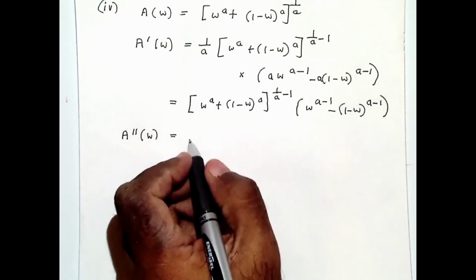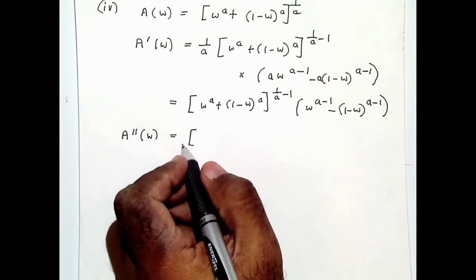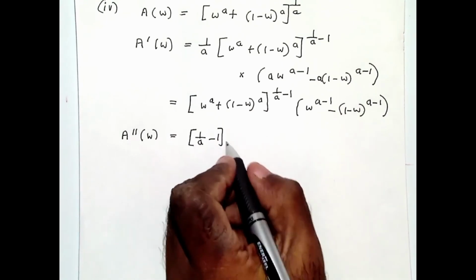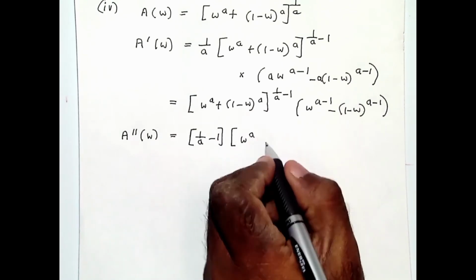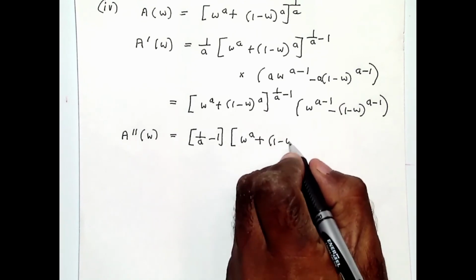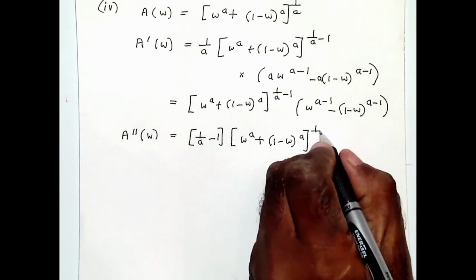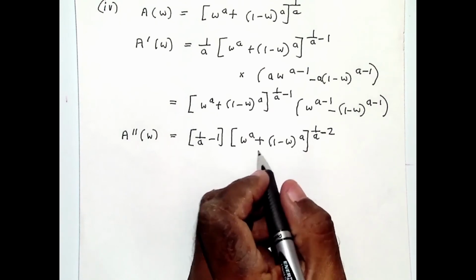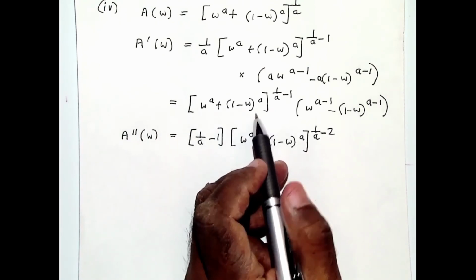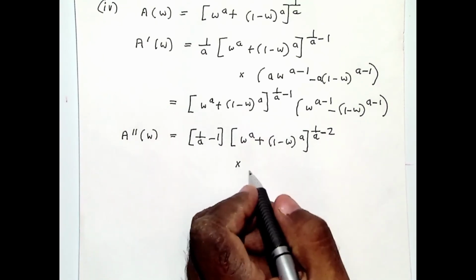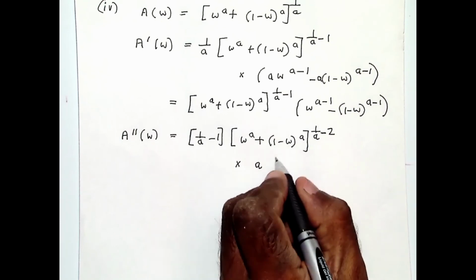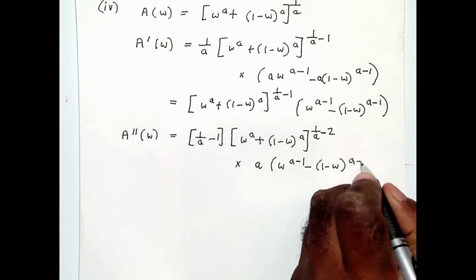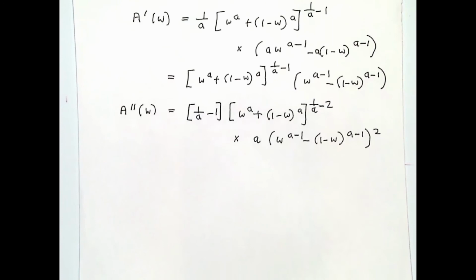So we need to use the product rule. So this is going to be multiplied by the derivative of this, let me write it over here. So that's only one part of the product rule.